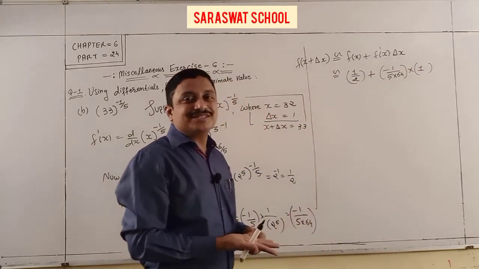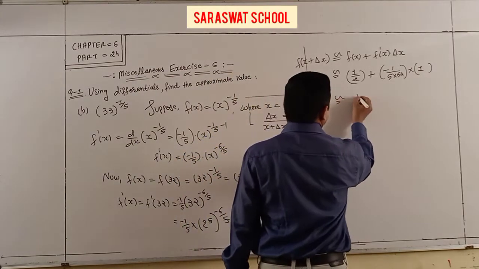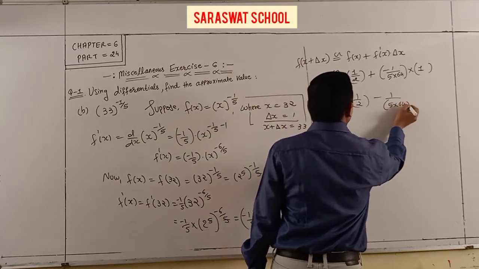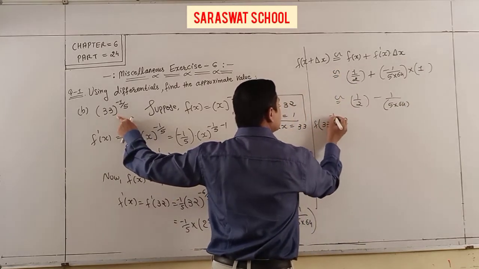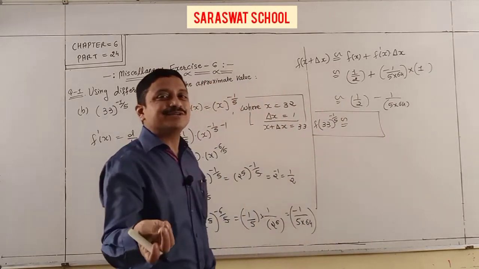And here students, utilize your calculator and get the answer. So my value is 1/2 minus 1/(5 into 64), and you can try using a calculator. My data is 33 raised to minus 1/5, and here we get the approximate value.